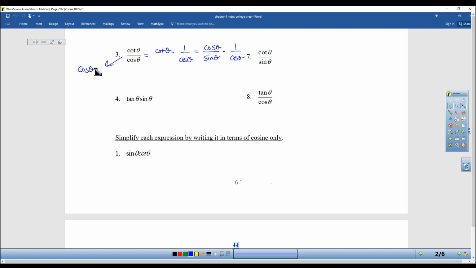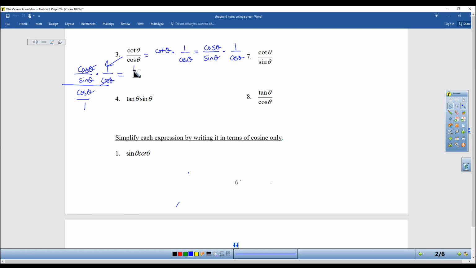People struggle if they do cosine over sine all over cosine. Then they've got that complex fraction. And a lot of people are bad at complex fractions. I will show you how to do it in case you're one of the people that's good at complex fractions. And if you did it this way, then you could say cosine over sine over cosine over 1, put the 1 there, and then flip and multiply, or keep change flip.